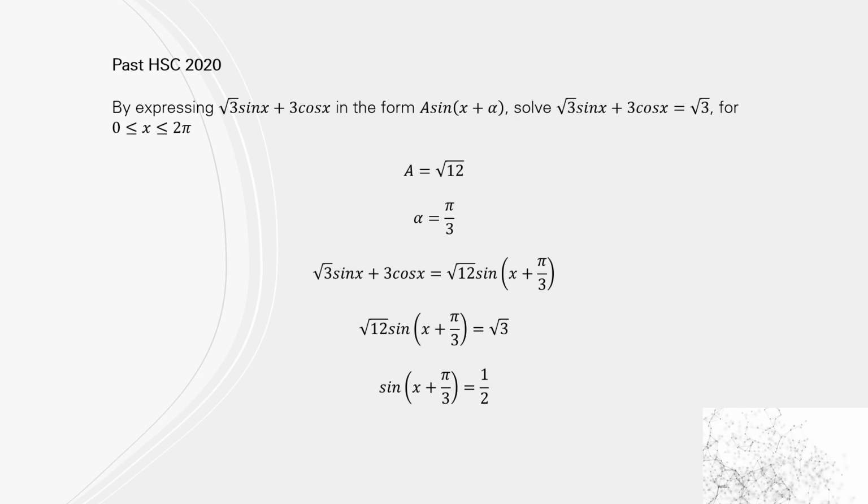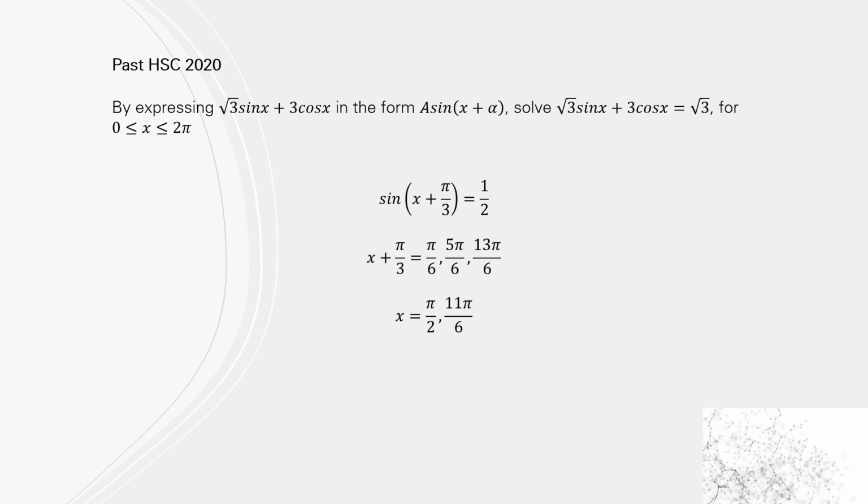surd 3. So if you divide both sides by surd 12, you get sine x plus pi on 3 equals a half. Shift sine of that half and use it in the A and S quadrant. And so you get x plus pi on 3 equals pi on 6, 5 pi on 6, and 13 pi on 6.